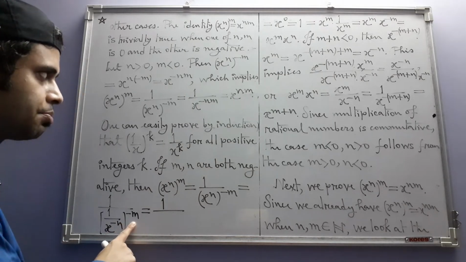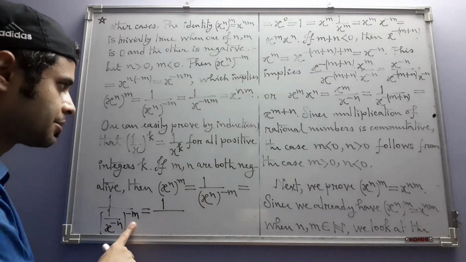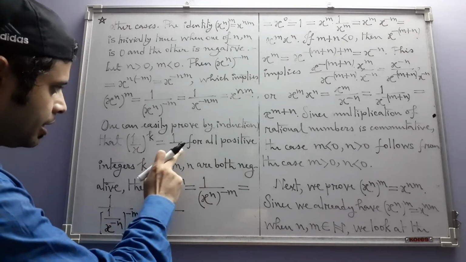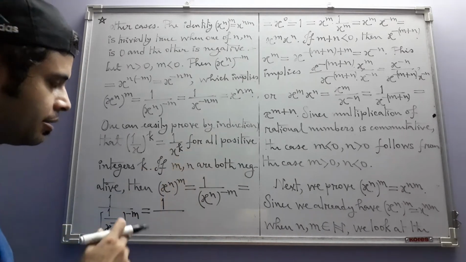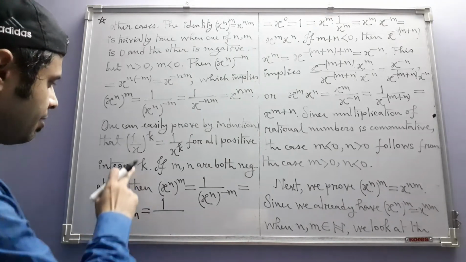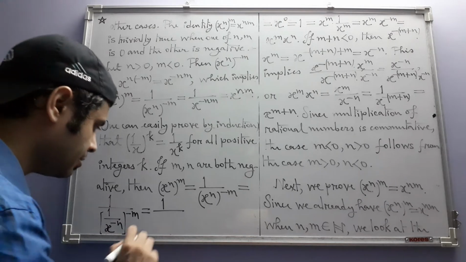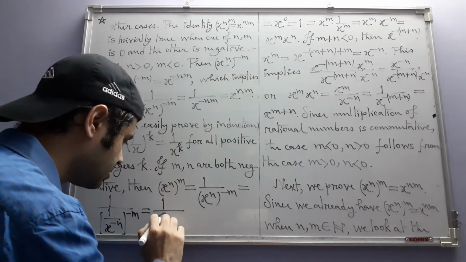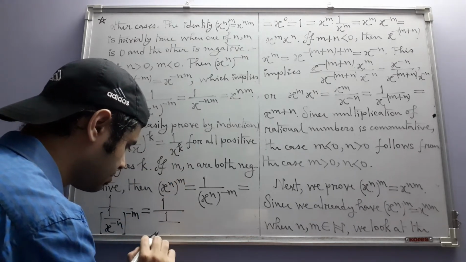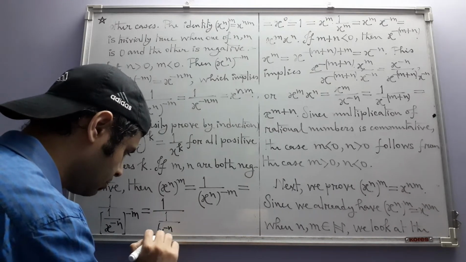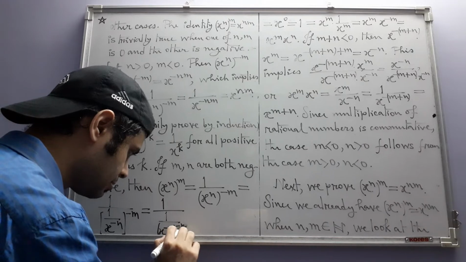Minus m is positive because m is negative. Both m and n are negative. Here in place of k you think minus m, and in place of x you think of x to the power minus n. So using this result, this will be 1 upon x to the power minus n to the power minus m.